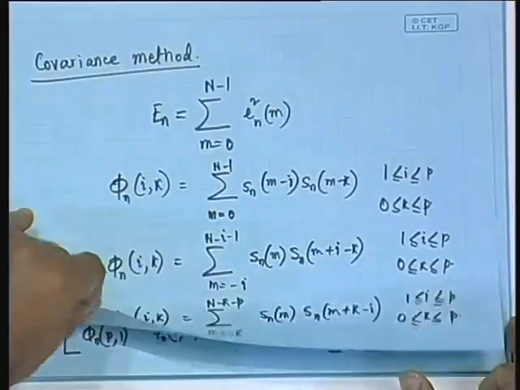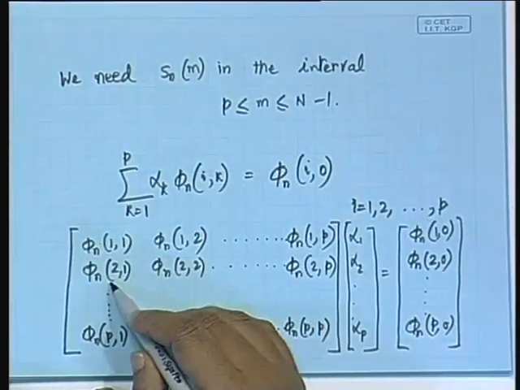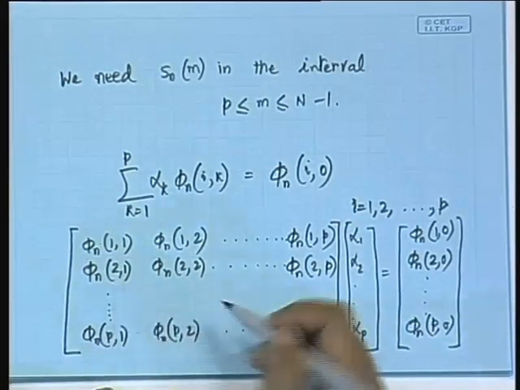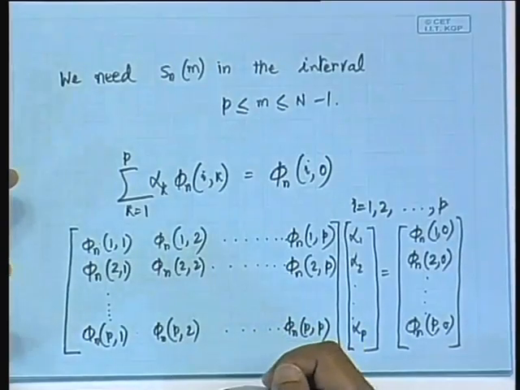So, phi n 1 2 is going to be phi n 2 1. So, it is symmetric about the diagonal. Only thing is that it is not Toeplitz, but it is a symmetric matrix. So, there should be good techniques for its inversion also. May not be like the Toeplitz matrix, but even inversion of this should be possible.